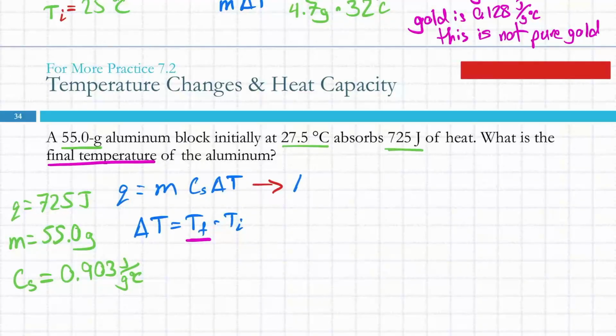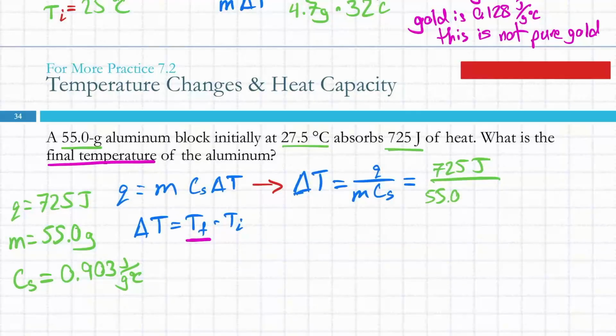So rearranging, ΔT equals Q over MC. Plug in 725 joules, divide by 55 grams, and also 0.903 joules over grams degrees Celsius.